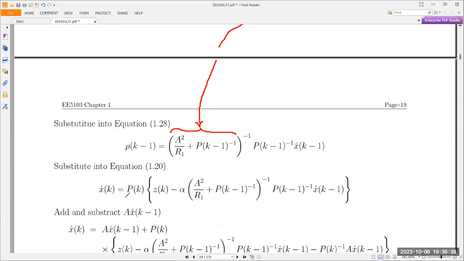All right, then you look at 20. 20 must then contain this because I see this. And this is the same. So 20, this one must have been this.